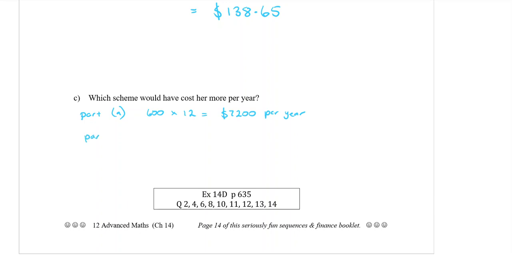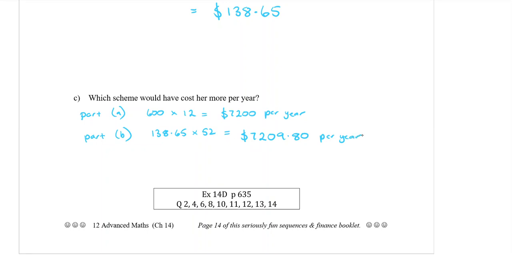Whereas in Part B, they were paying $138.65 times 52 weeks, $7,209.80 per year.